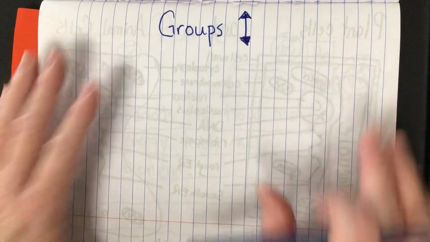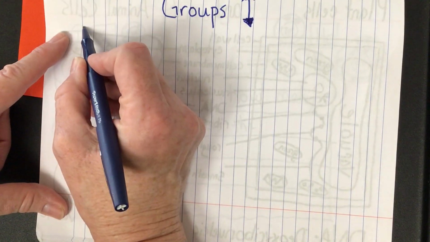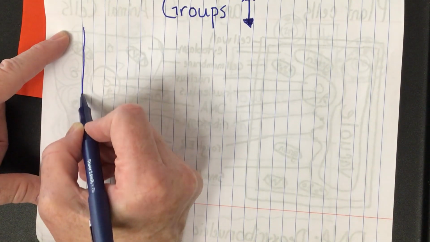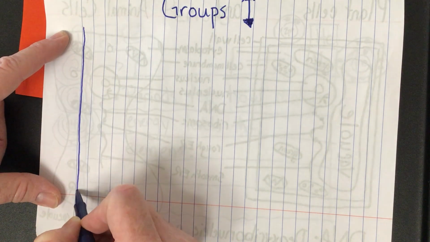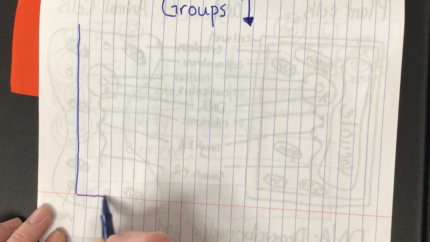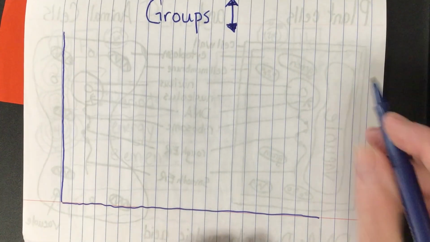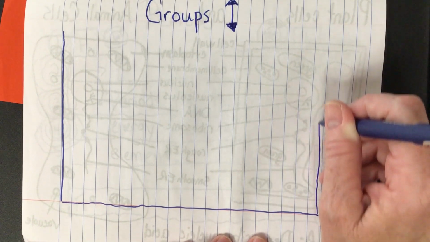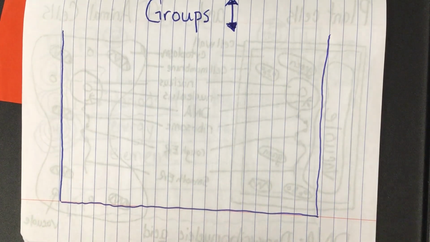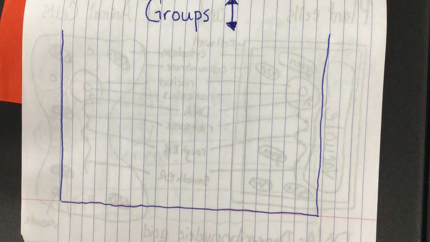You are about to sketch your first periodic table. Your lines don't have to be perfect, as you'll see with mine. We're going to draw the left side, the bottom of the periodic table, and then the right side. I've done this several times, but this is the first time for you.